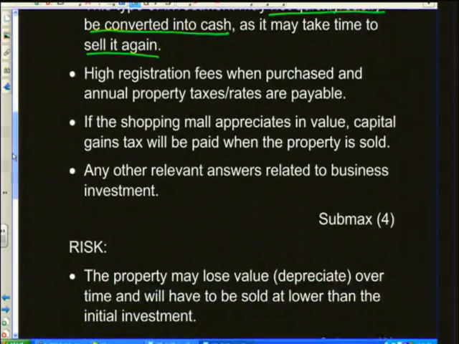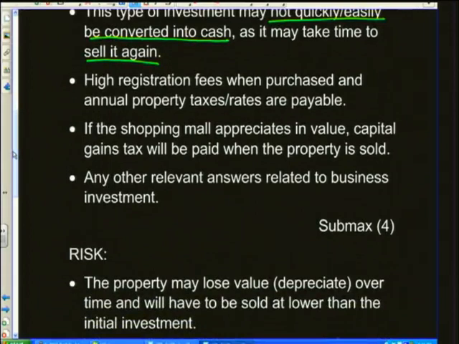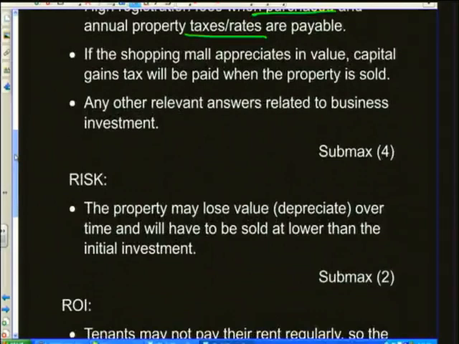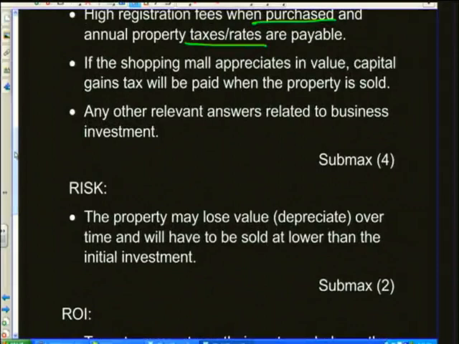There are high registration fees when purchased, and then with the property you also have to pay rates and taxes every single year. If a shopping mall appreciates in value, so appreciate means to go up in value, capital gains tax will be paid when the property is sold.